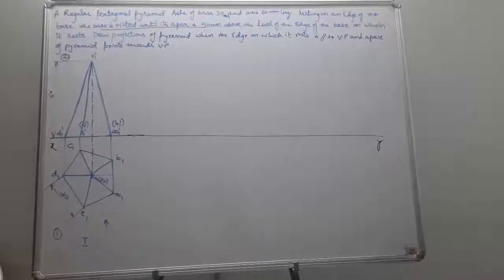Students, any idea? Had you done it? How can we obtain our step 3? Anyone can share your idea? How can we do that? I already said that I just draw a locus of some 50 from XY. After that, what to do?